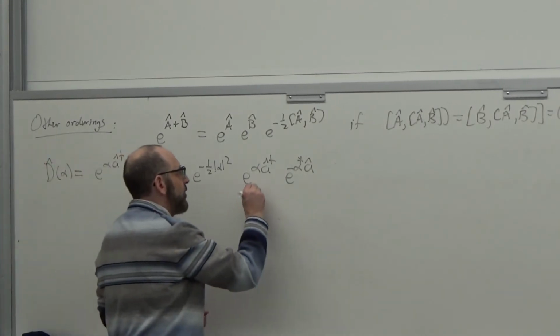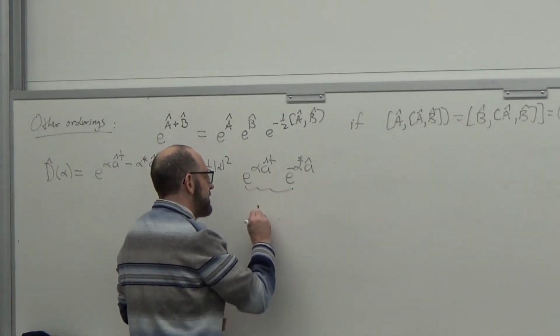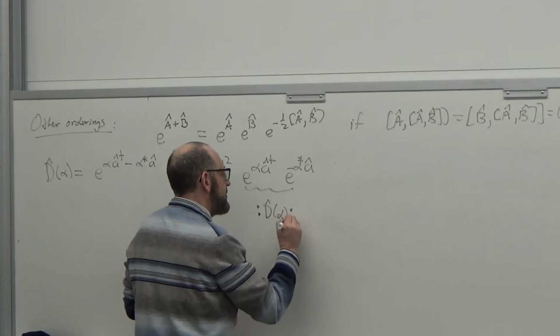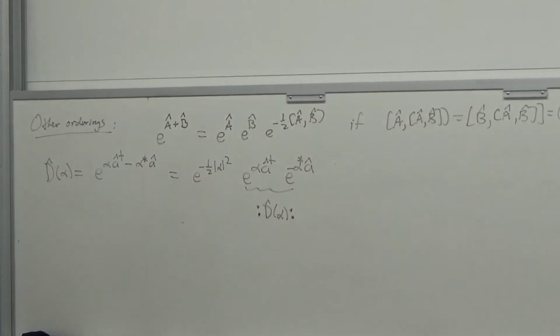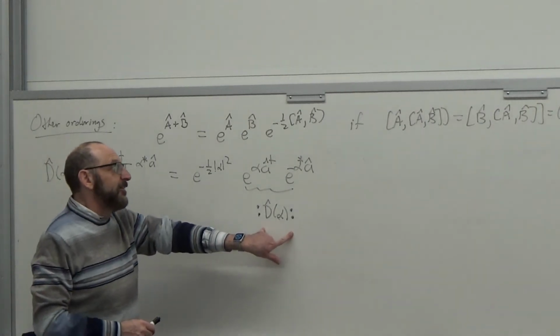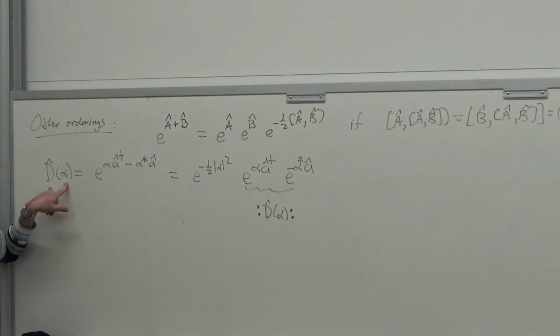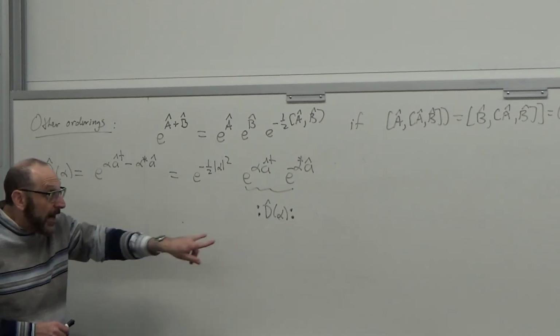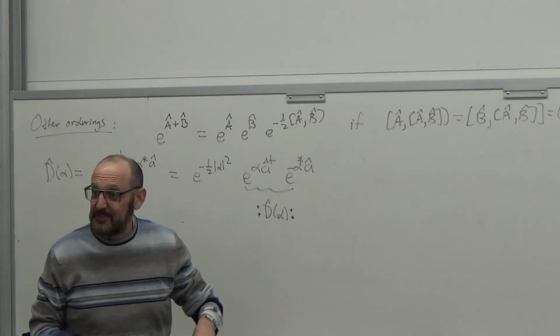This, of course, is what we called in the past the normally ordered version of D. Notice this operator doesn't equal this operator. I have to have this factor to make them equal. But here I have normally ordered things.